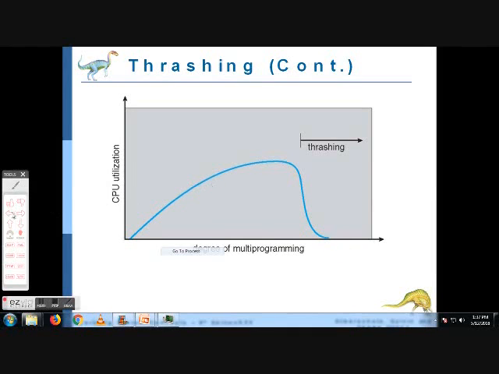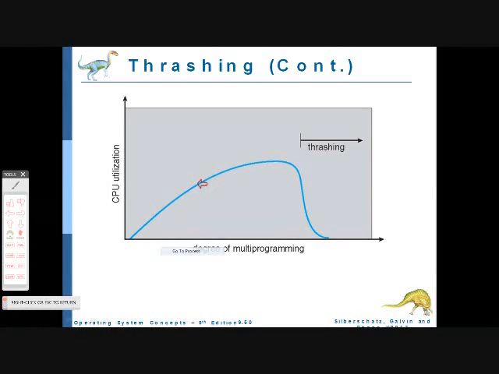This means that many processes are stored in the random access memory in order to be executed by the processor. As the degree of multiprogramming increases, CPU utilization also increases proportionally. Why? Because if you increase the number of processes, then the CPU has that many more processes to execute.